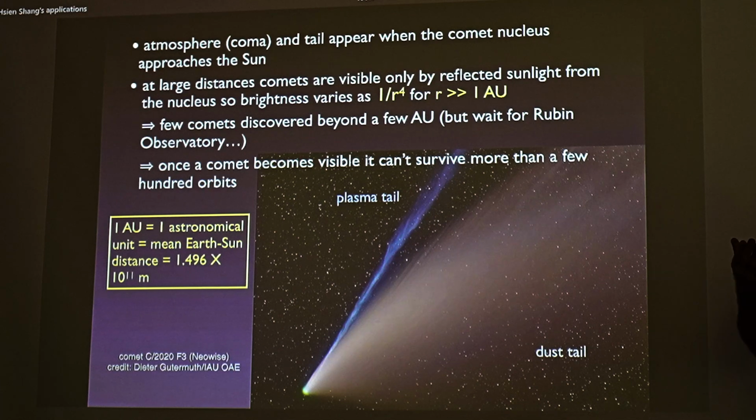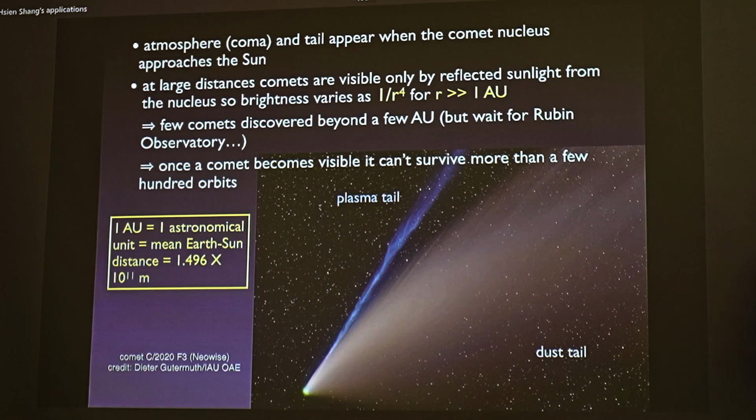There's an extremely strong selection effect against finding a comet a long way from the sun. And in fact, very few comets are discovered beyond distances of a few astronomical units. But that situation is going to improve with the Rubin Observatory, which will do a large survey for comets at much deeper magnitudes than we have so far.